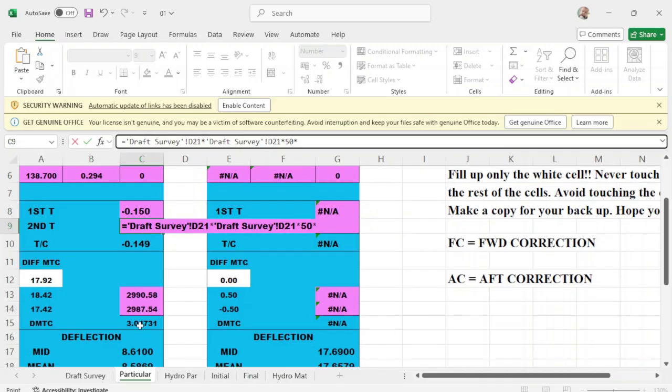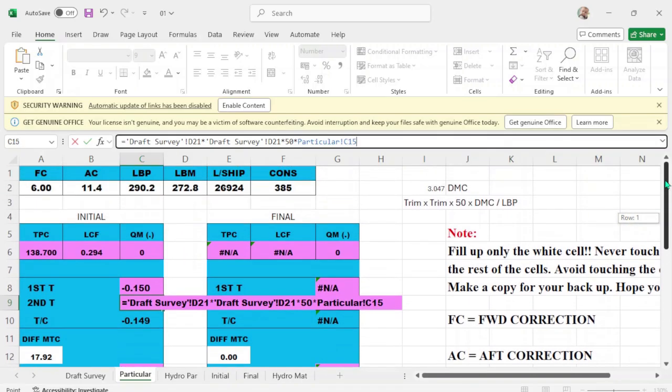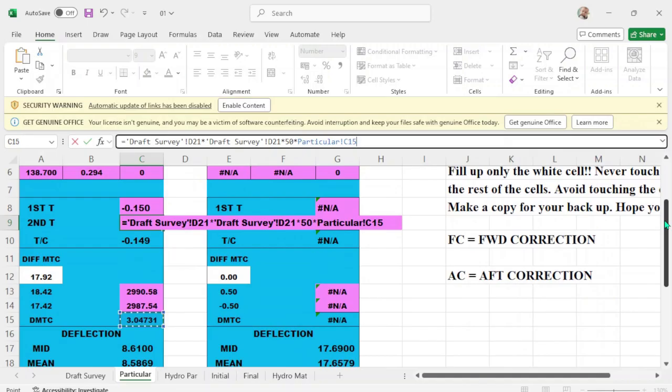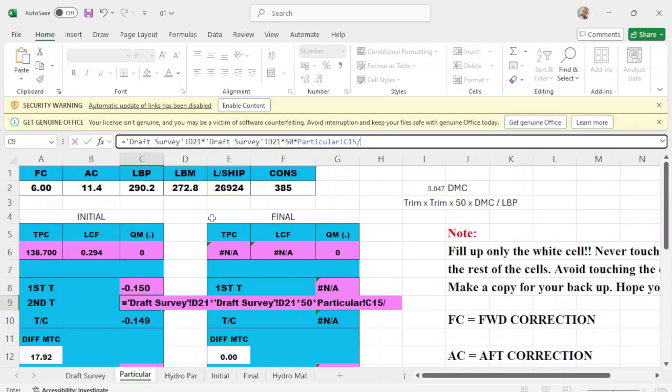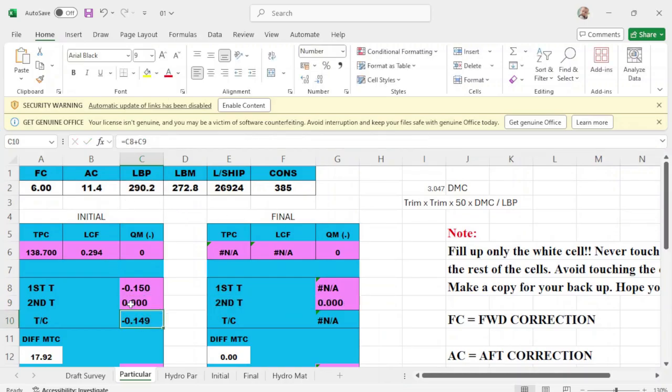Okay, then it says over LVP, this one. Error. Again, let's do it again.